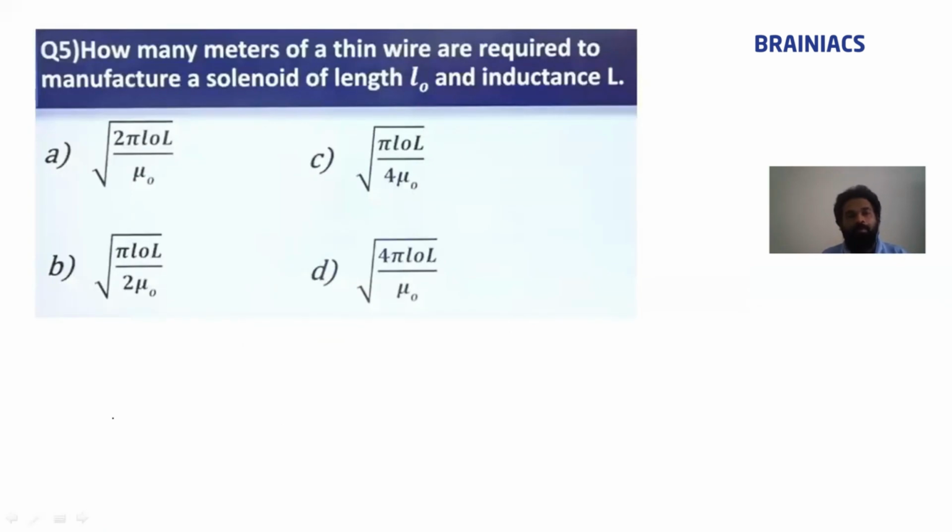Next problem. How many meters of a thin wire are required to manufacture a solenoid of length L0 and inductance L?